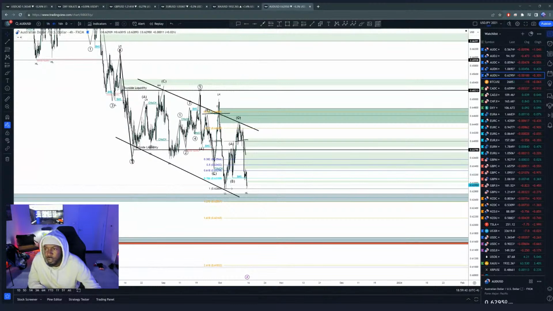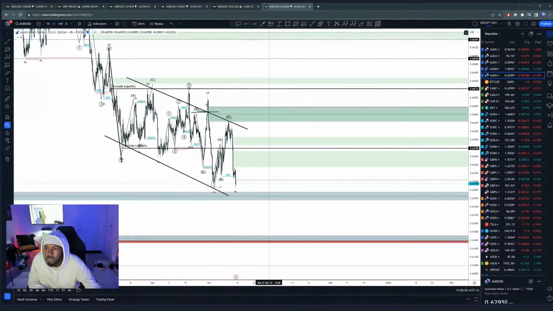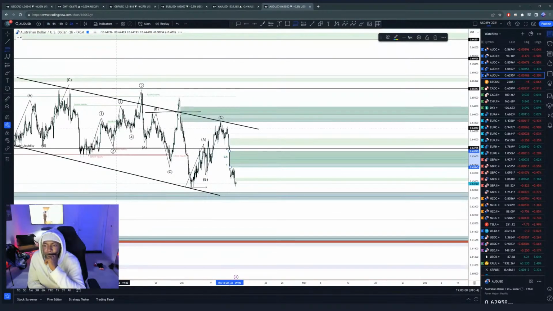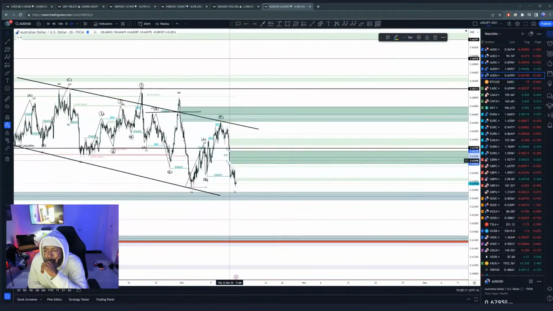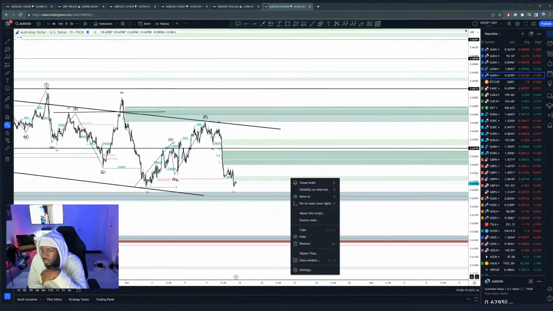Yeah, pretty much. So if y'all are interested in USD, you would be looking for a retracement into this range. So you would be looking for a retracement into this level.